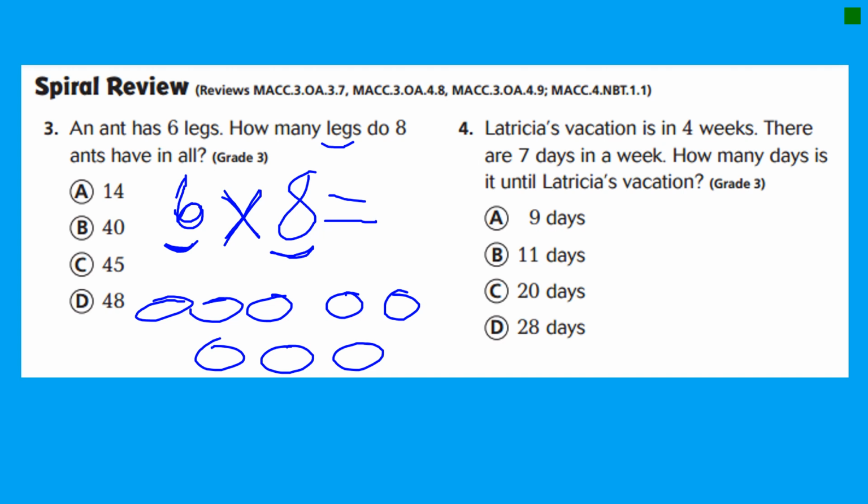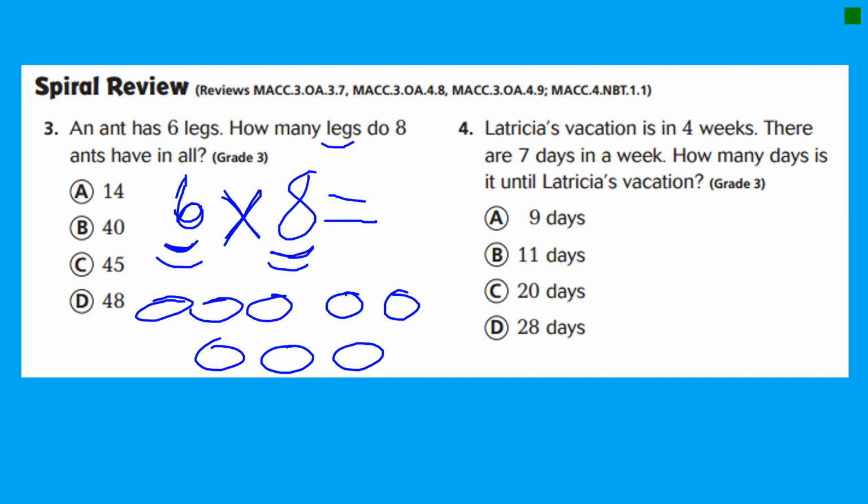They each have 6 legs, okay? 8 sets of 6, so 6 times 8. If you have to think about that, you can either do your 6s or your 8s. You can write them down like 6, 12, 18, or you can write 8, 16, 24.